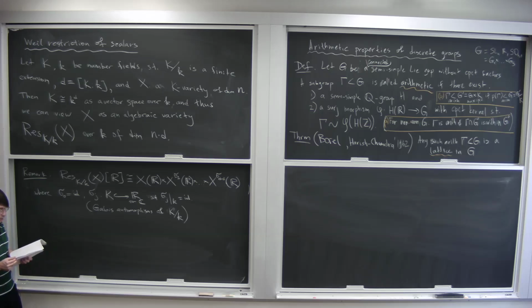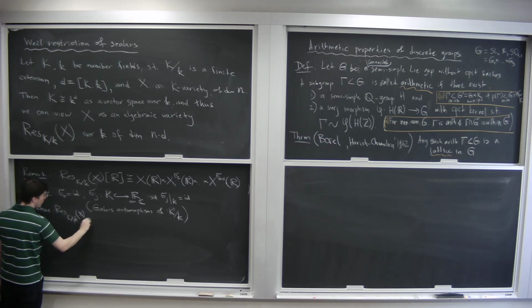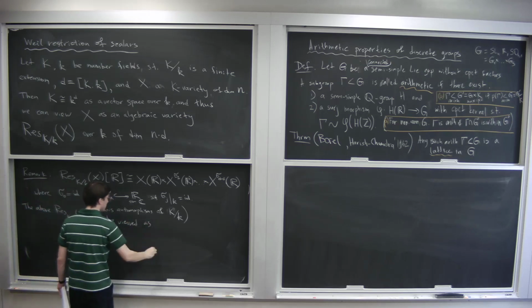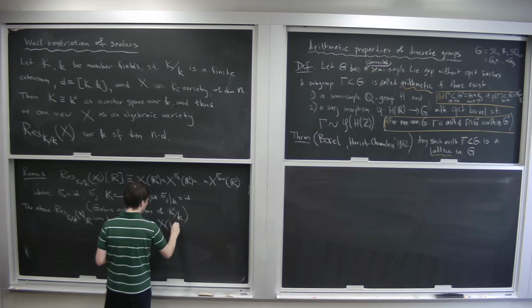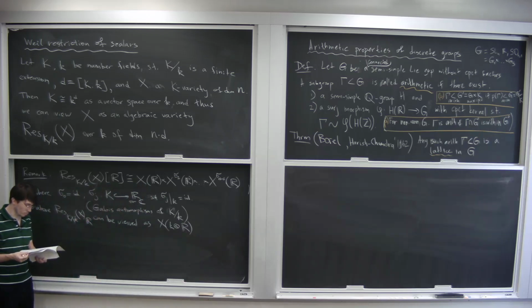Actually, I will just write it as X of, sometimes, I will say the above res K over k of X of R can be viewed as X of K tensor product R. This is in some sense just a notation.